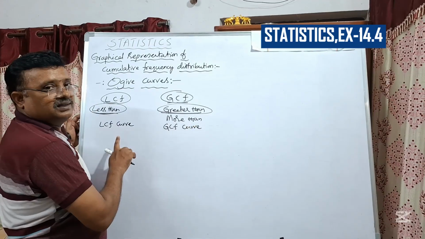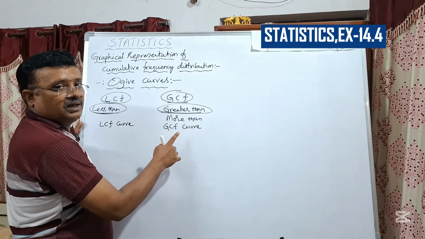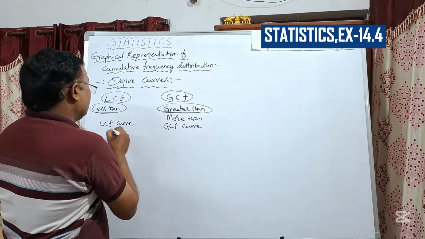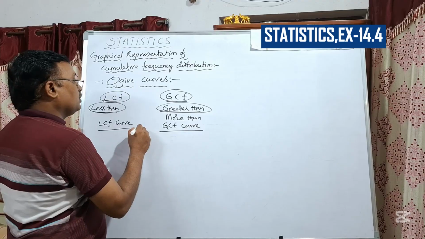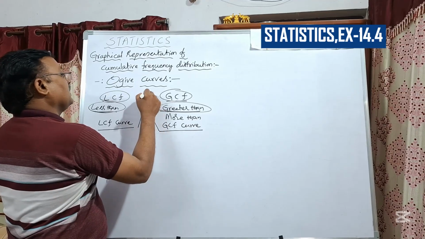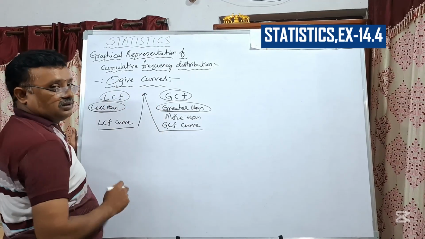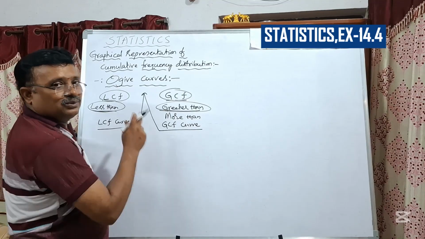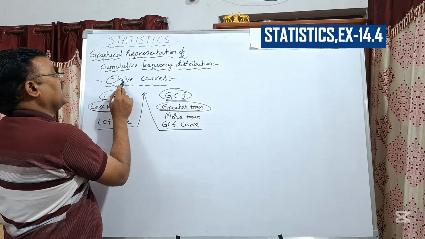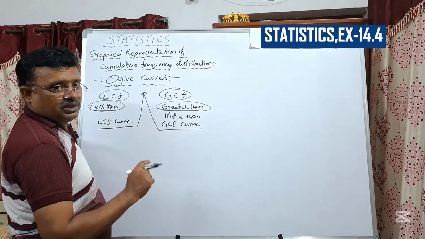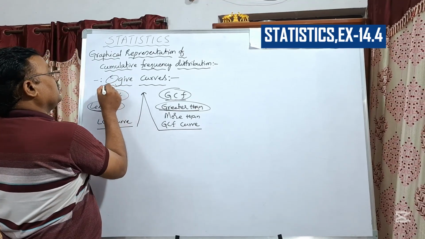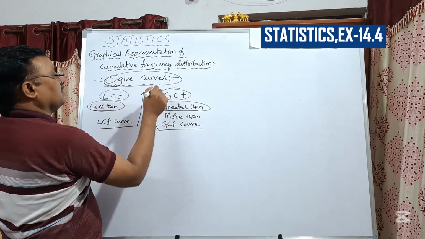These two curves together are called ogive curves. Spelling is O-G-I-V-E. It is read as ogive curves. So today we are going to discuss ogive curves.